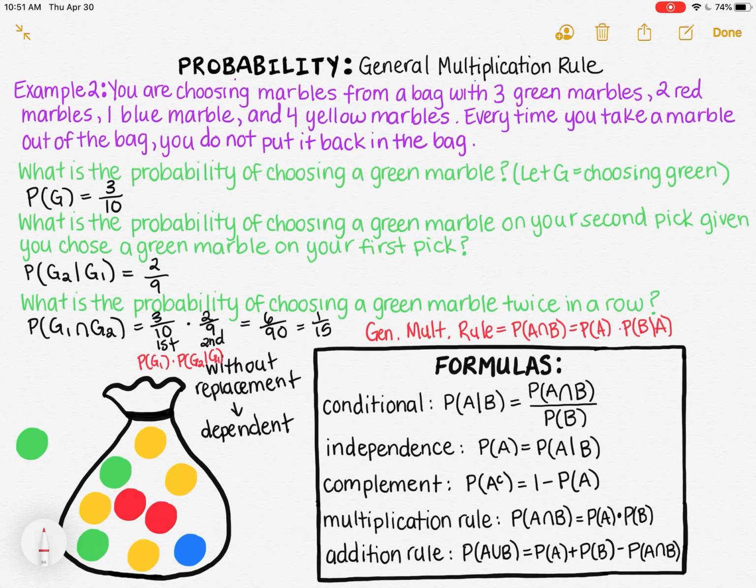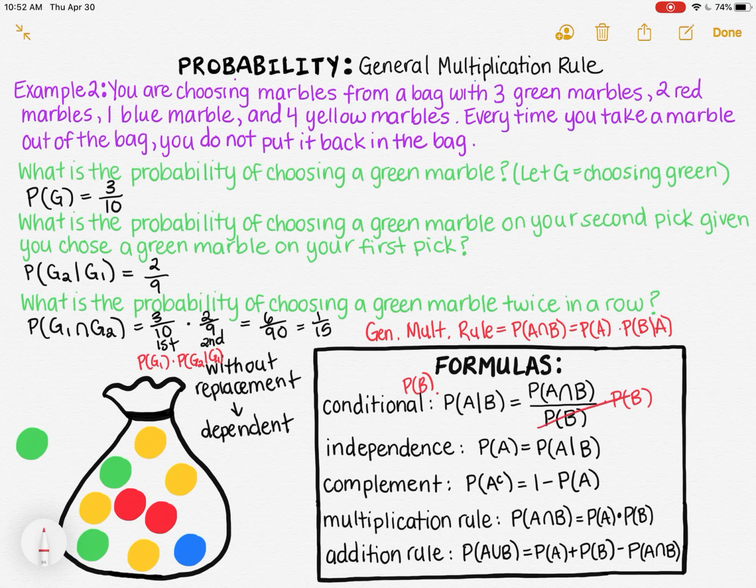I can also show you how you can get this rule from our conditional formula. If you look at our conditional formula, it says the probability of A given B equals the probability of A and B divided by the probability of B. I can just move some things around in this formula to get it to look just like this rule I just showed you.